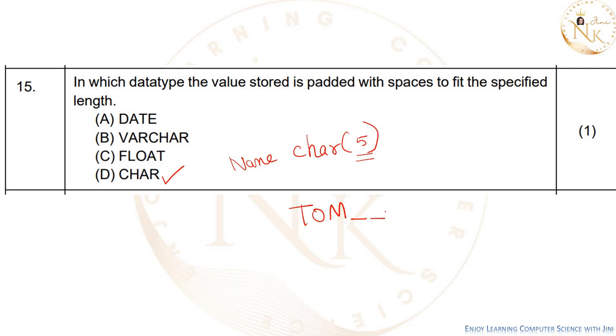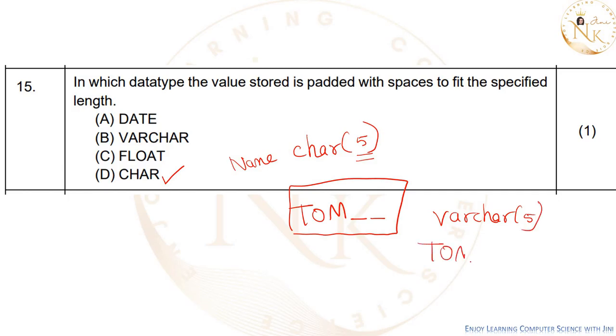It will not be empty, and it will not be used for any other purpose. So it will be padded. If it is varchar and I am giving varchar of 5, these 2 blank spaces will not be there. It uses only the 3 spaces given by the user. So in which data type is the value stored padded with spaces to fit the specified length? It is char.